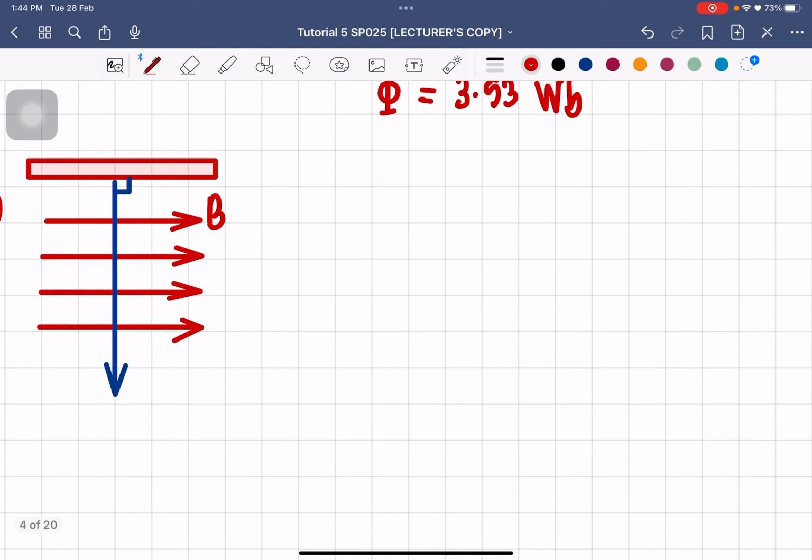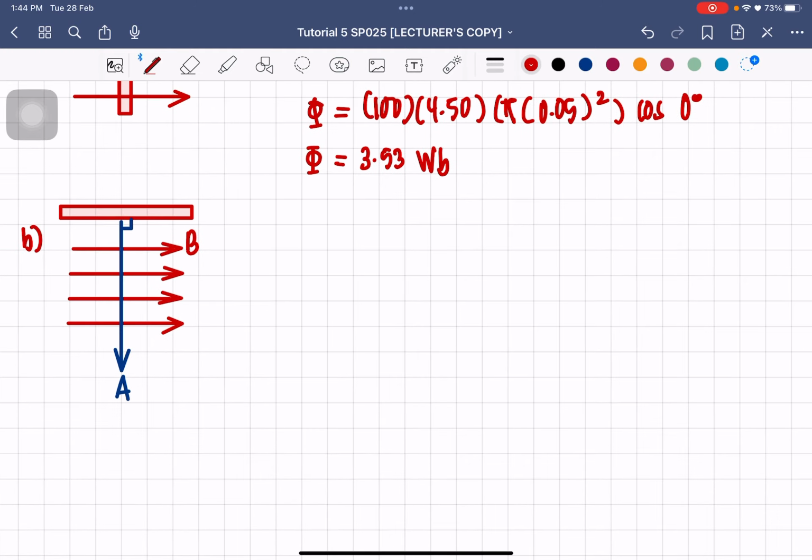So this is vector A. Now the angle between these two is 90 degree, right? So this is 90 degree. So basically if we do it this way again, cos 90 degree will give us 0 Weber. Okay, so cos 90 is equal to 0.